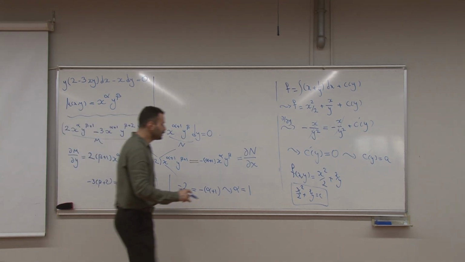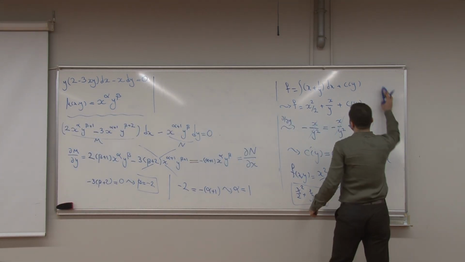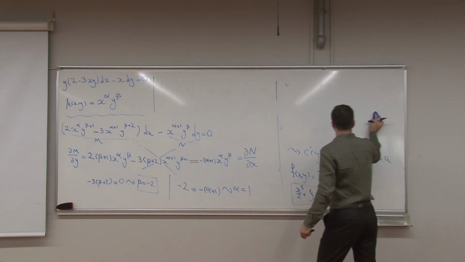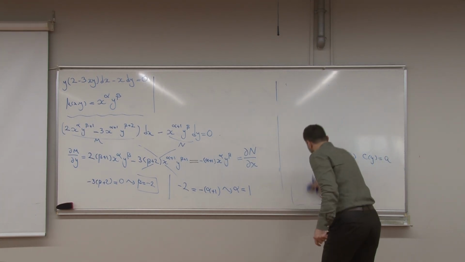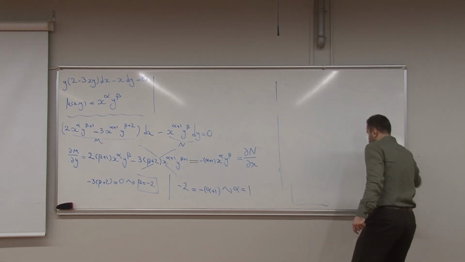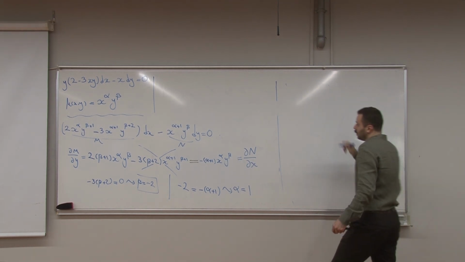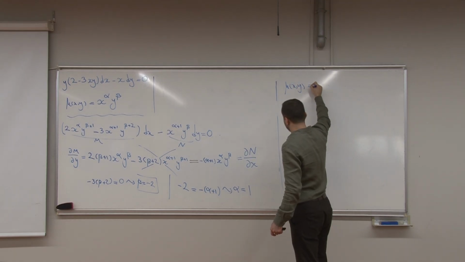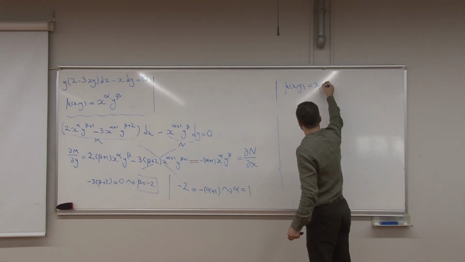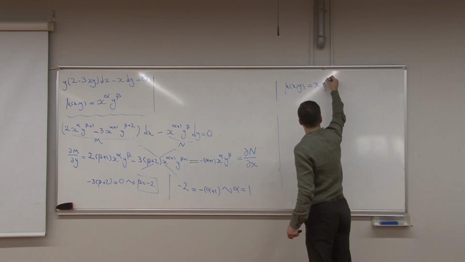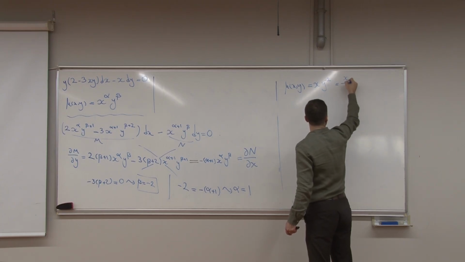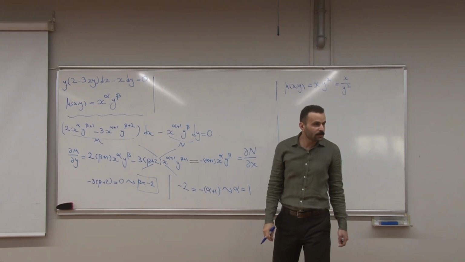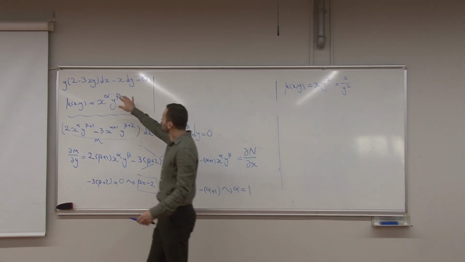So what is the point of this? It means that mu of x,y equal to x y to the power of minus 2, or x over y squared, is actually an integrating factor for this equation.